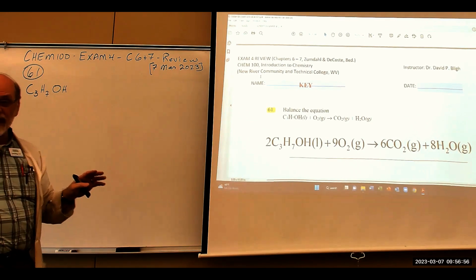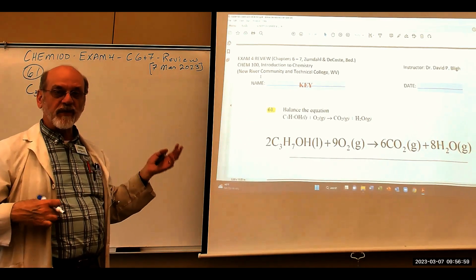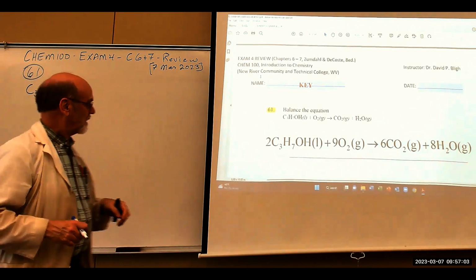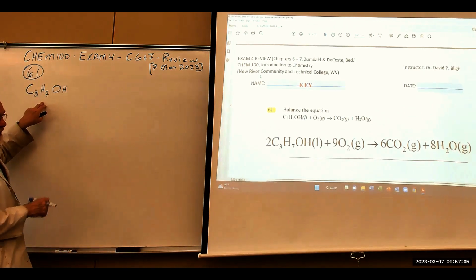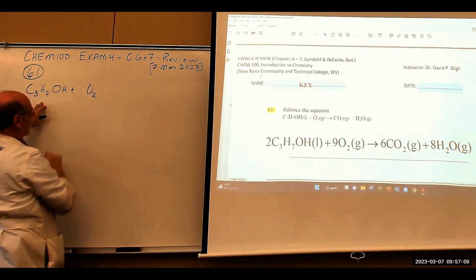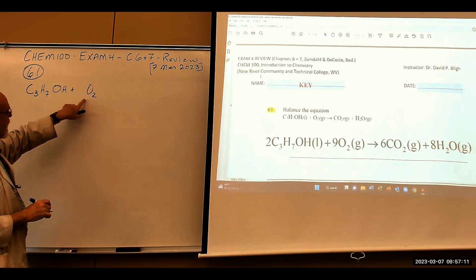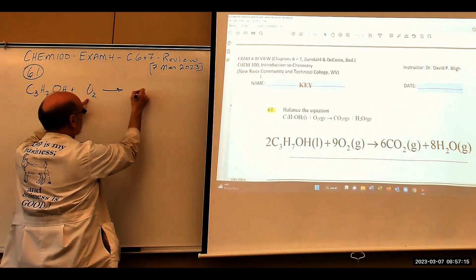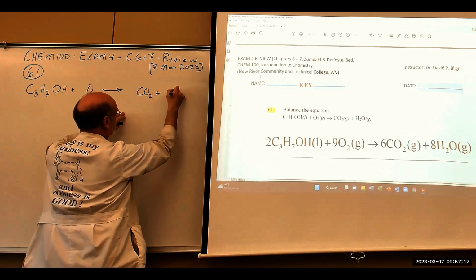You don't know the name for that one, but I do. That's called propanol. I'm not sure what kind of propanol because there are several kinds. But we are going to burn it. Right? This is a combustion reaction. We add oxygen and burn it, and we get carbon dioxide and water.